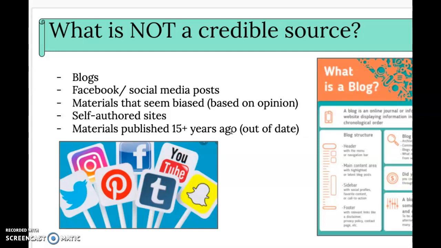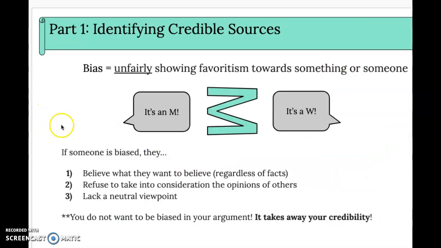You know how you go at the bottom of some articles and see that they're updated? Well, I'm talking about ones that are not updated. So these types of websites online would not be credible sources to use in your research if you were researching an argument. Okay, so being able to identify credible sources.